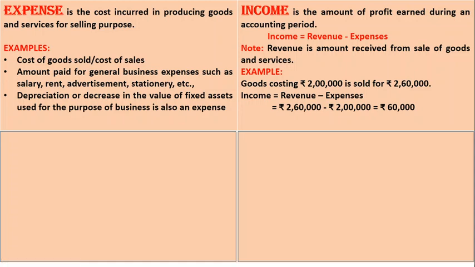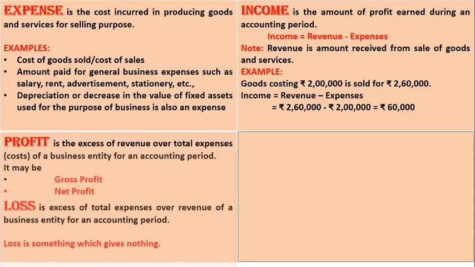Now there is one more term similar to this, that is profit. Profit can be taken as income, or income and profit are one and the same thing, but usually in accounting we use the term profit instead of income. Income is considered for a few transactions for a smaller period, but profit is for the entire accounting period.